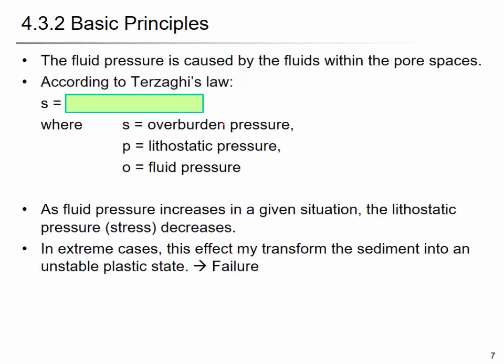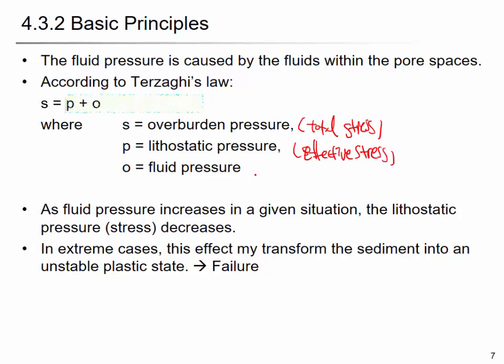We know that the overburden pressure is the same as the total stress, or sorry, total stress. And lithostatic stress is the effective stress, and there is the fluid, the pore pressure component. So the overburden pressure is equal to the summation of lithostatic pressure plus fluid pressure.